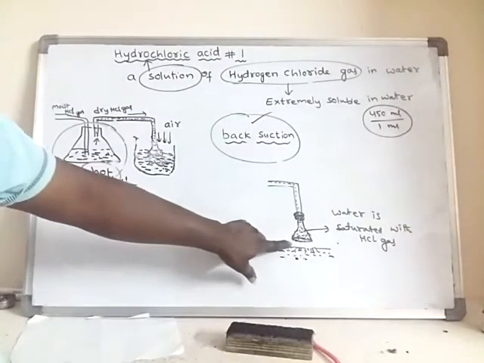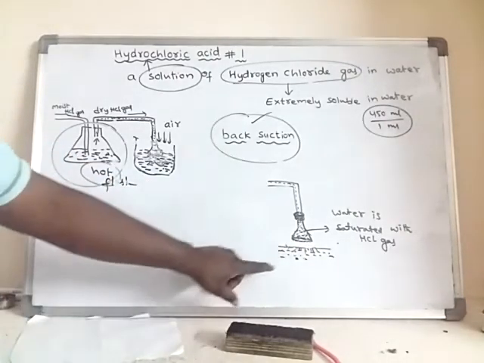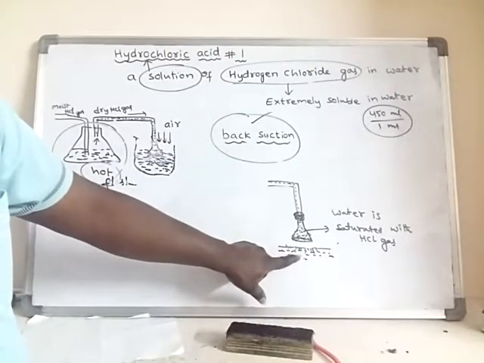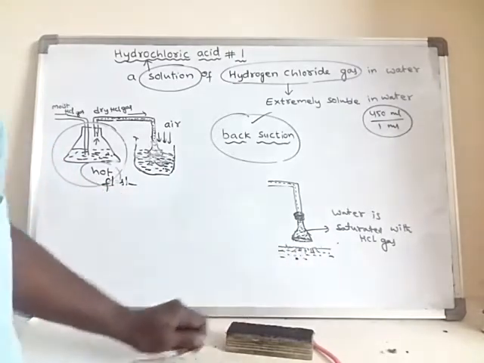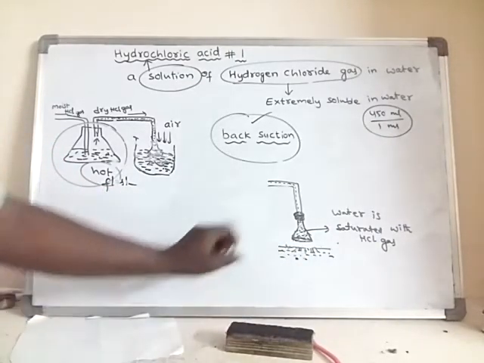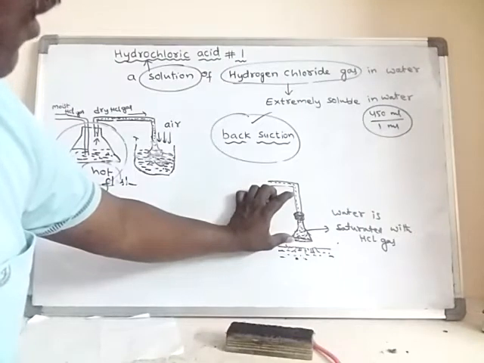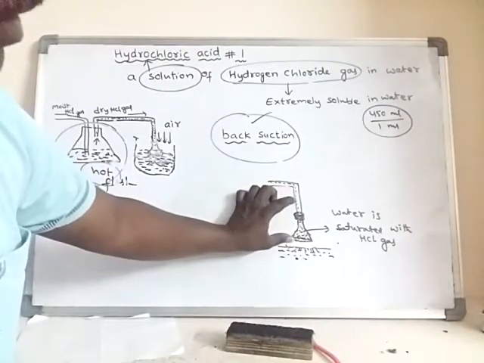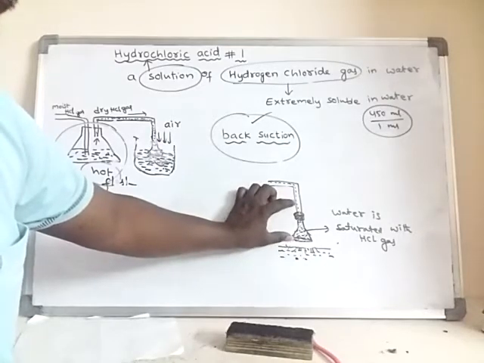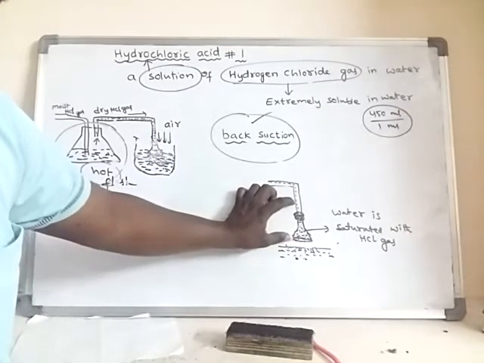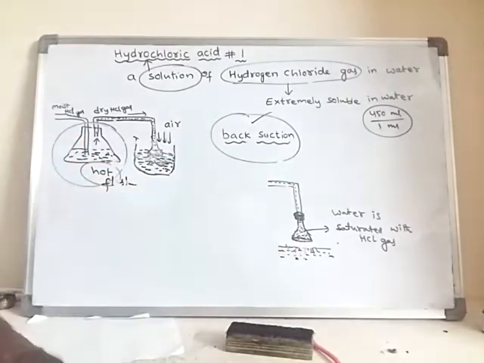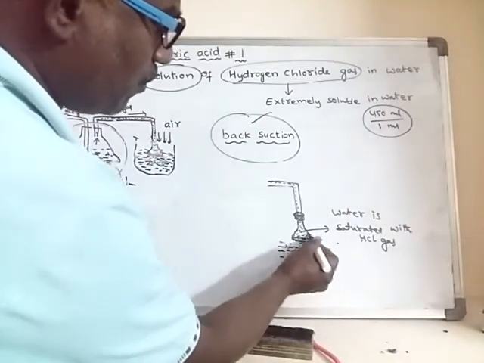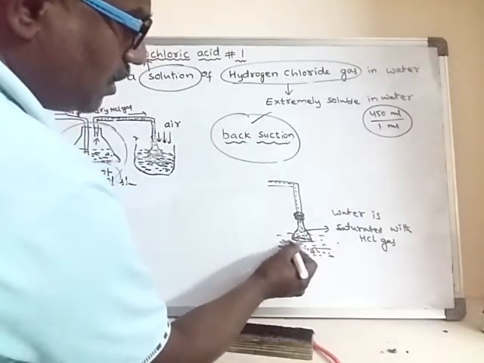As the air gap is created, the entry of water into the funnel is stopped. Only a little amount of water has entered, and that water gets saturated with the HCl gas. After getting saturated with HCl gas, that water is again pushed outside into this water, and finally the level of water rises again.